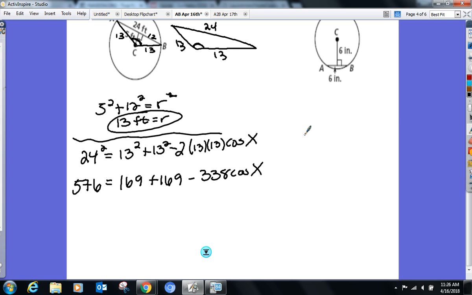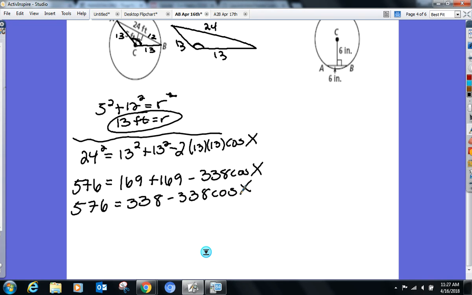You can't combine all three. What are the only two you can combine on the right side? 169 and the other 169, which gives me 338 minus 338 cosine x. Again, you can't subtract those, and then that would be 0, and then you're still out of luck.